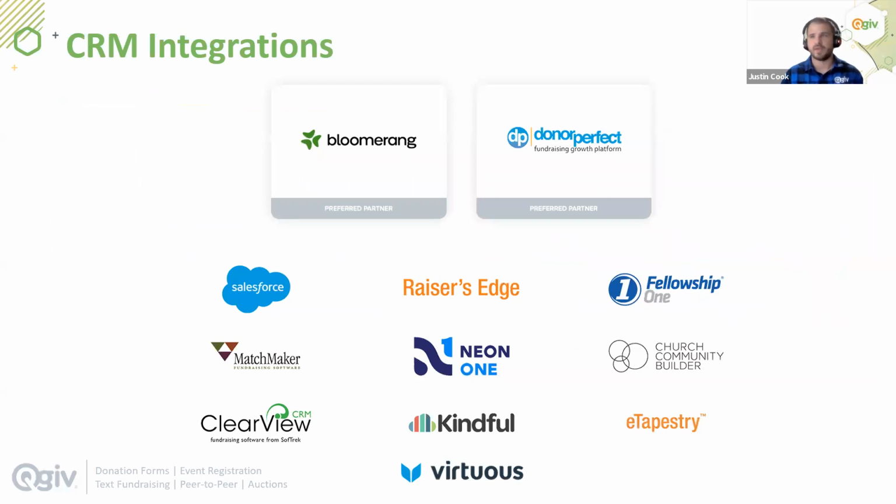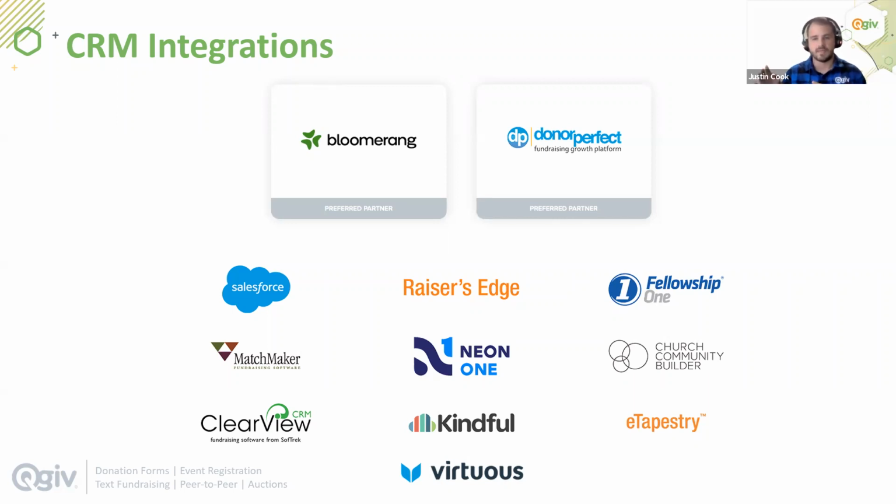And with Qgiv, we have a ton of CRM integrations with the leading nonprofit CRMs in our space. So Bloomerang, Donor Perfect, Salesforce, Razor's Edge, Virtuous, all of those are really big CRMs. If any of you are utilizing them, we do have the ability to integrate with them. It is not through Zapier, it's through a direct integration between us and them.